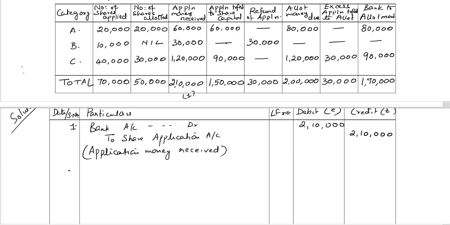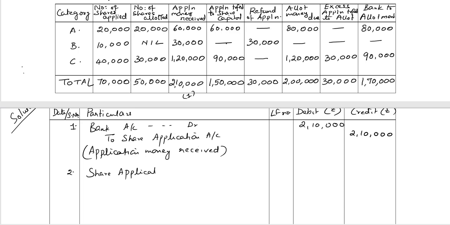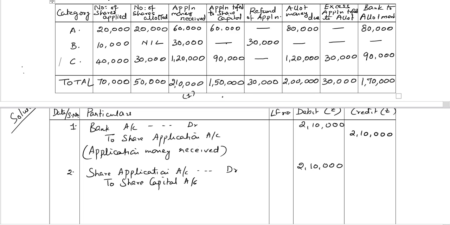We'll move on to the second journal entry, share application account debit. The total share application amount 2,10,000. The amount of the first journal entry, to share capital. The amount of application that is transferred to share capital account is the amount of the fifth column, 1,50,000 rupees.